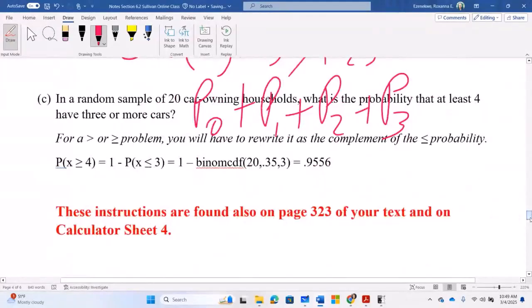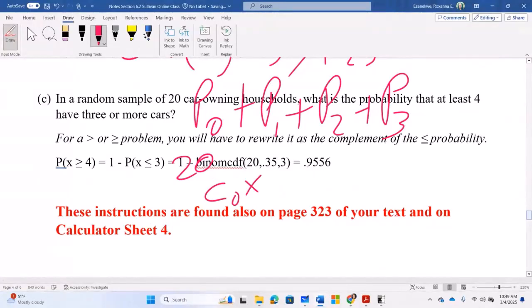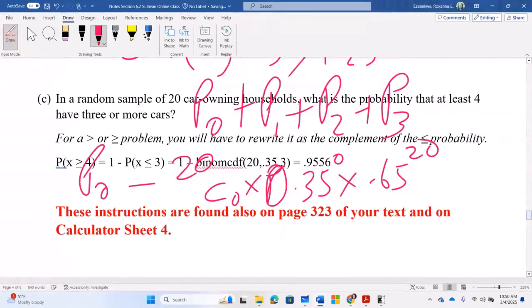P0 means 20 combination 0, success 0.35 to power 0, and failure, which is 0.65, to power 20 minus 0. 20 minus 0 is 20. So this is P0. I just want to make sure you understand what it is.